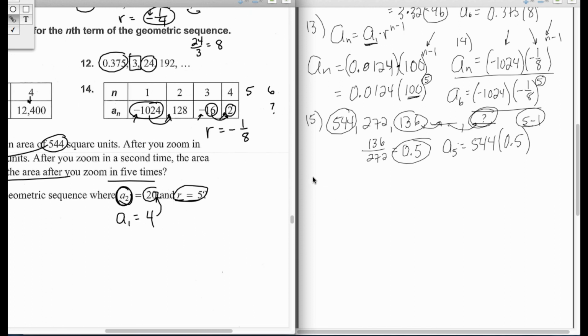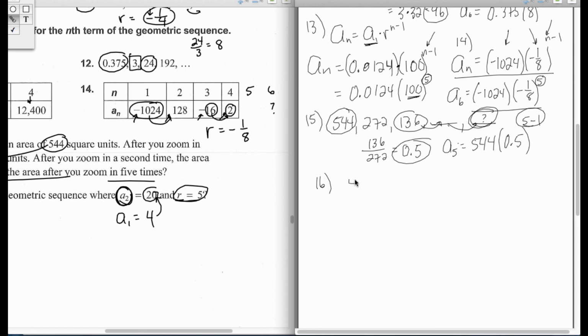Well, you could, if you want to, just keep multiplying by 5. Here's the sequence. We started with 4, we found the 1st term. Then it's 20, multiplied by 5, you get 100. You multiply by 5, you get 500. You can keep going, or you can use the formula. So what's our formula?